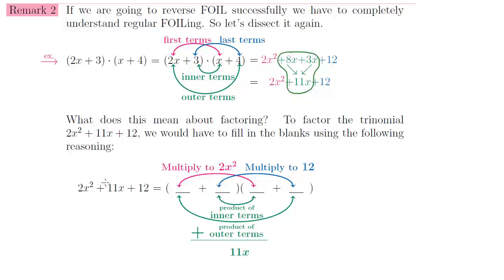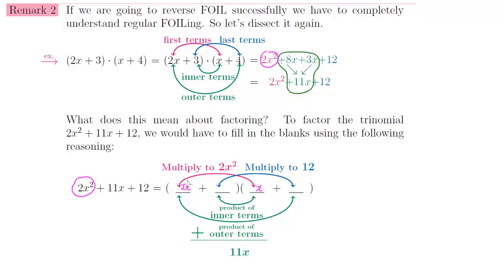So let's turn to the problem of factoring this trinomial. What would we want to think in order to help us break down 2x squared plus 11x plus 12 into a product of two binomials? If you look at the pattern up here, this 2x squared came from multiplying 2x and x.